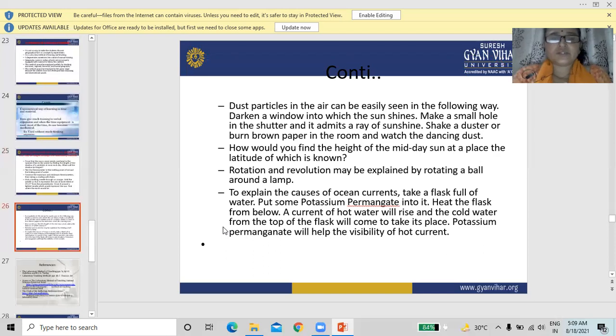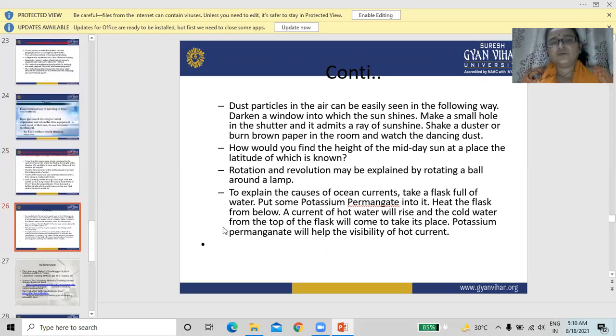Dust particles in the air can be easily seen in the following way. Darken a window into which the sun shines. Make a small hole in the shutter and it admits a ray of sunshine.